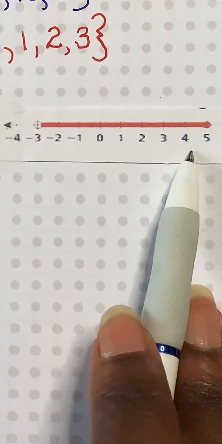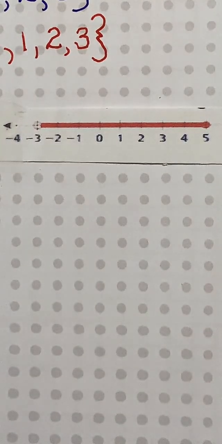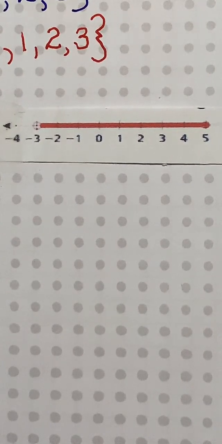How would I write this as an inequality? Let's start there. If you want to take a guess, and if you're not sure, put a question mark, because it'll help me understand, since some people were here last time and some people weren't.